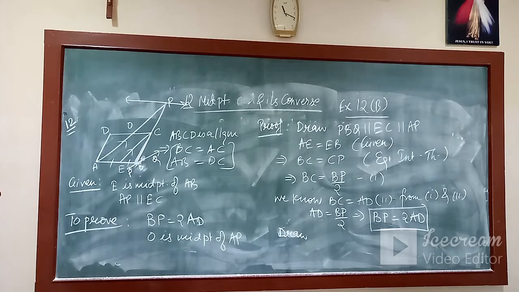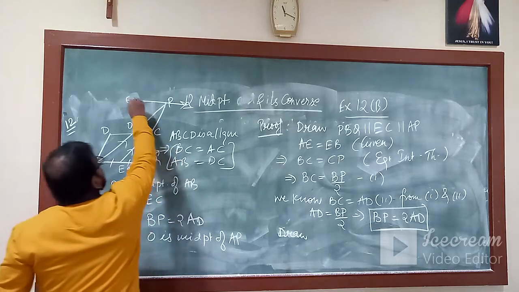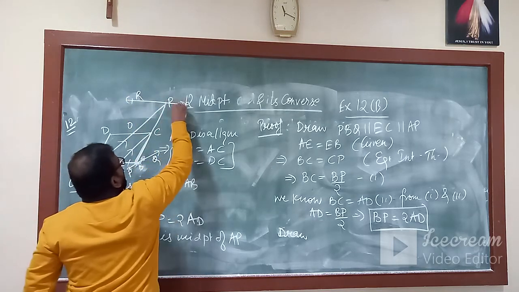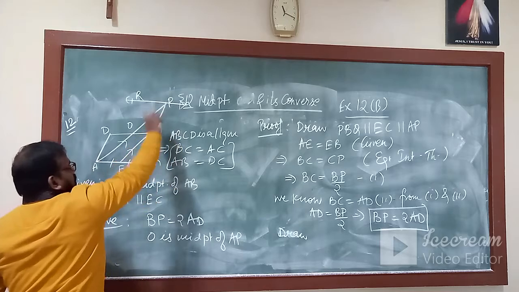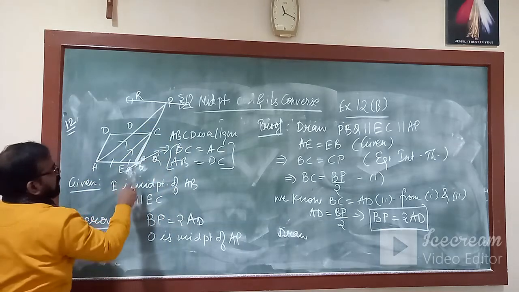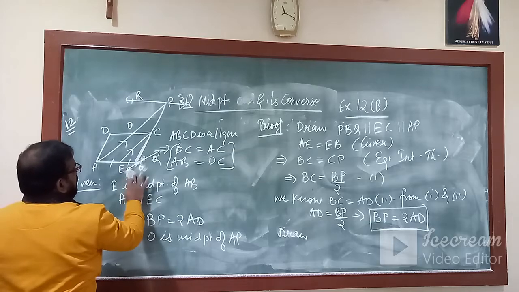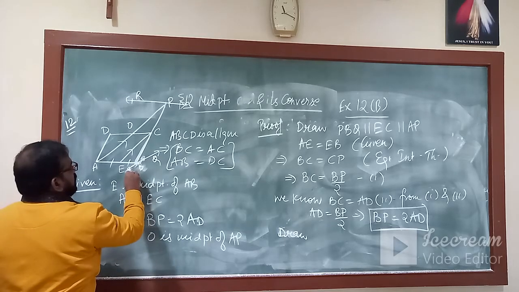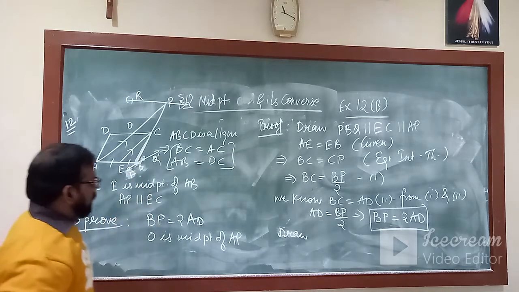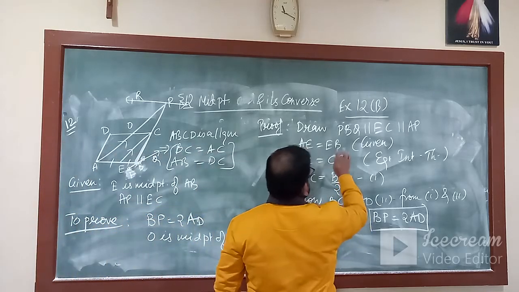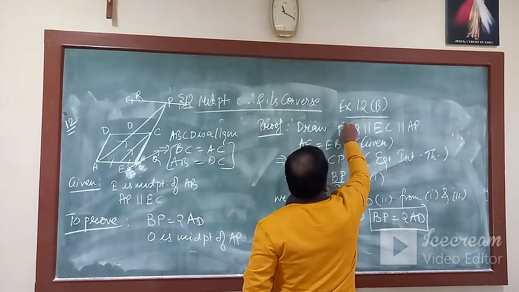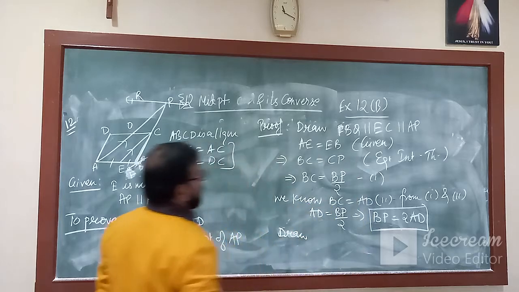Okay, so it is P already given, so I will not take P here, I will take here FQ. Okay, so let me replace it, so that you will not get confused.